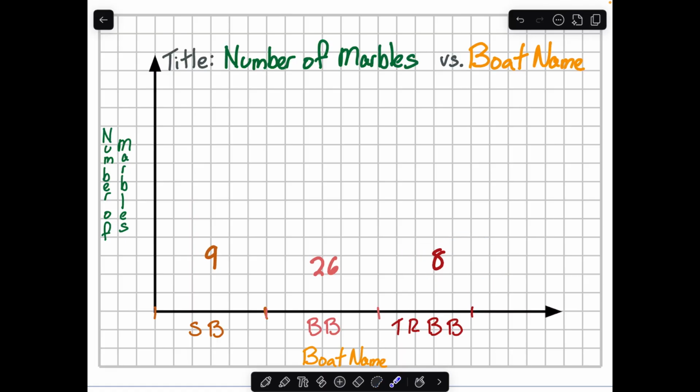I can have each of these boxes represent however many marbles I want. Again, I want to fill my space. The biggest number I have to make here is 26. So if I count by twos, I should have just enough space to get all of my data in.